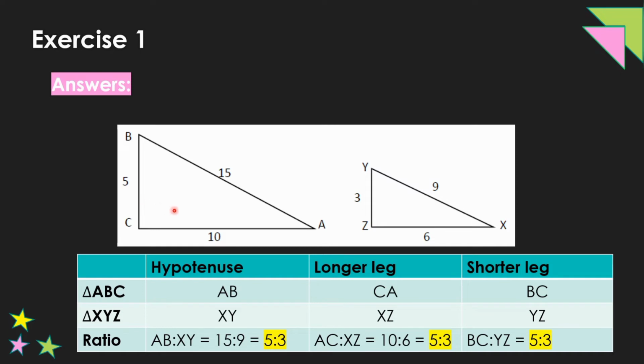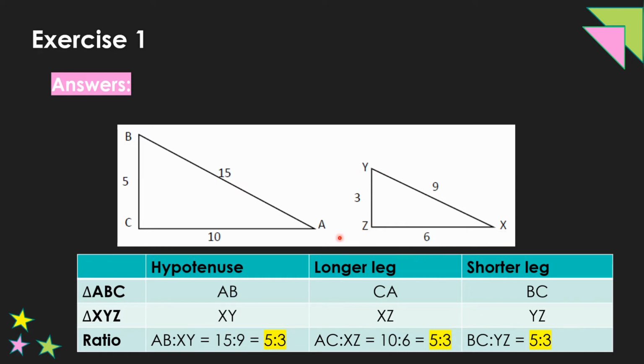So the right angle here is angle C. Next, the longer leg is side CA. And the shorter leg is side BC. Next, in triangle XYZ, the hypotenuse is side XY, the longer leg is side XZ, and the shorter leg is side YZ.